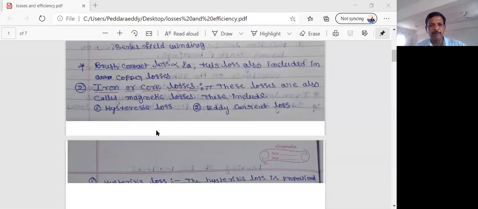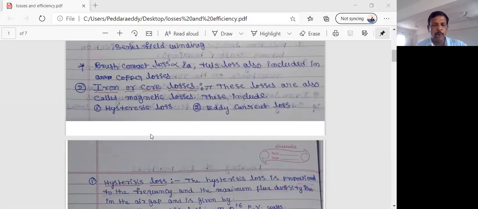The second type of loss is iron or core losses. Iron losses are also called core losses or magnetic losses. Why? Because these losses occur in the magnetic core.